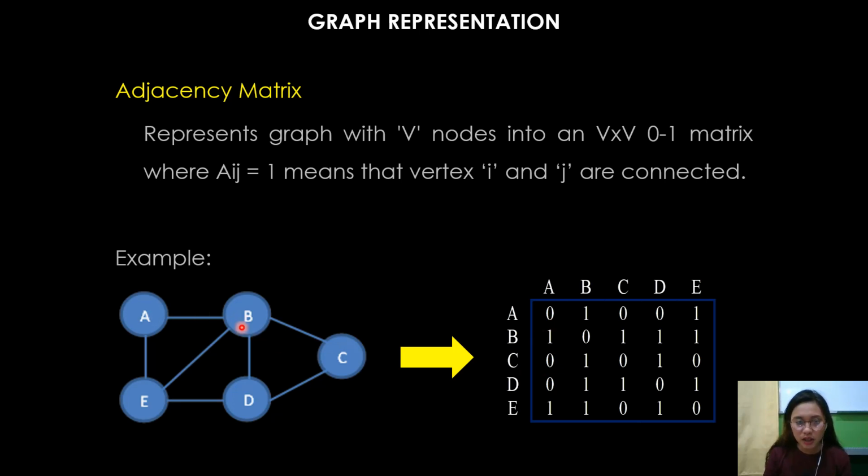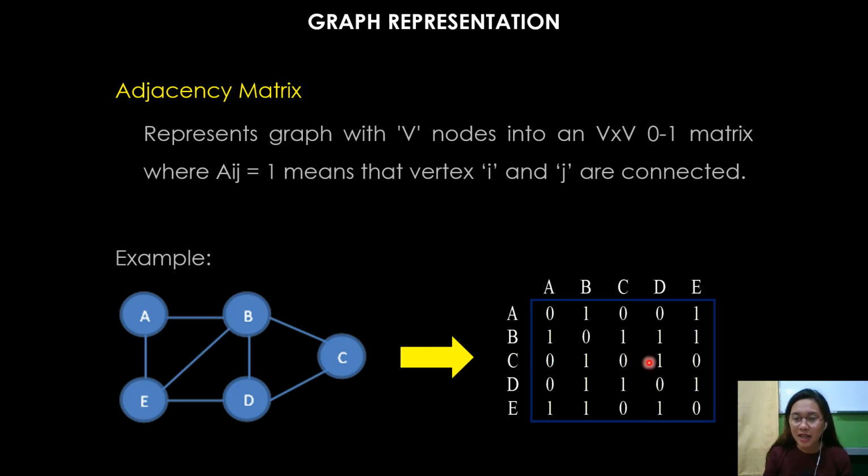And B to B is what we call a self-loop, therefore there is no connection. Then B to C has a connection, that's why it's 1. B to D has a connection, that's why 1 here. And B to E has a connection in this graph. C to A has no connection. C to B has a connection. C to C, self-loop, has no connection.